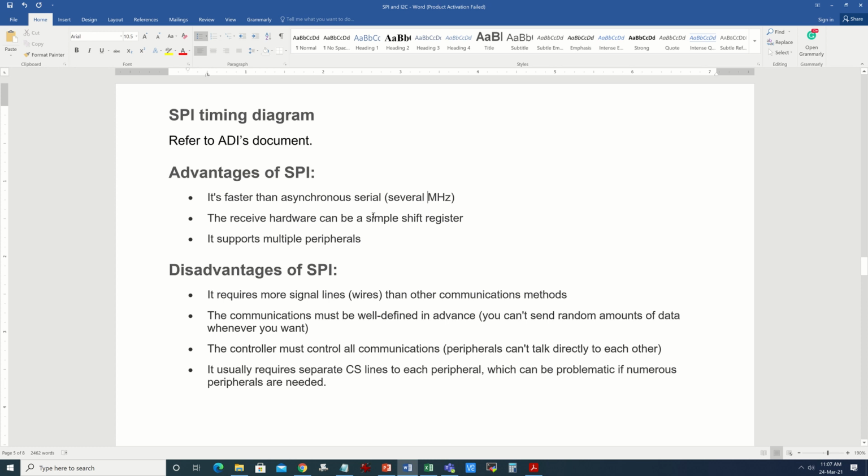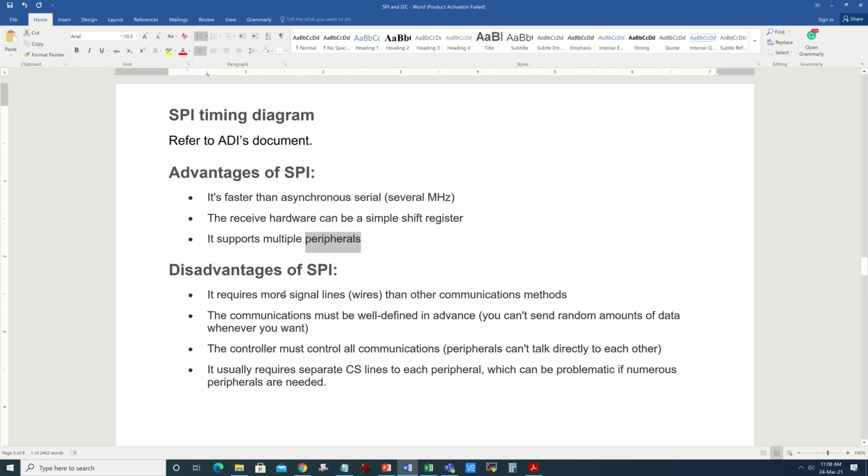Those things we can get rid of in SPI because everything is sampled with respect to clock edges. It also supports multiple peripherals, whereas in UART there was only one peripheral, RX of one microcontroller going to TX of the second device or microcontroller. So multi-peripheral communication was not straightforward in UART.